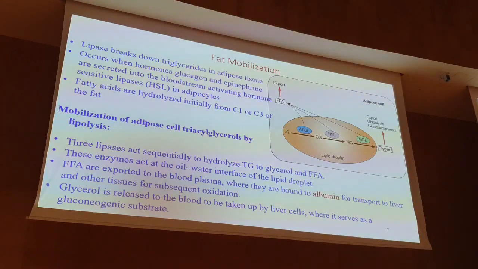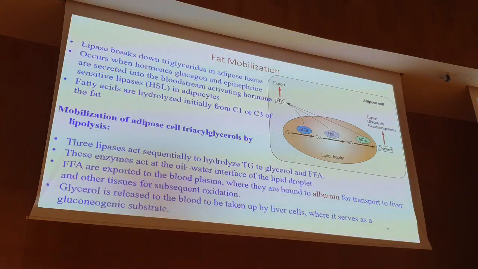The first enzyme that breaks down the first fatty acid out of the triglyceride is, if you look at the diagram, ATGL, adipose tissue or triglyceride lipase. And that will give you diacylglycerol. In other words, you've got 2 fatty acids with a glycerol molecule.